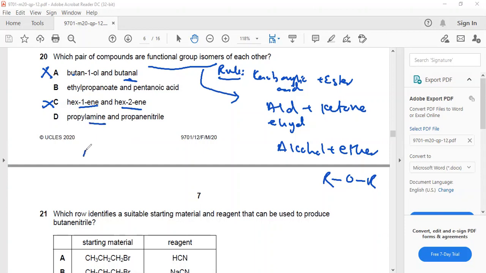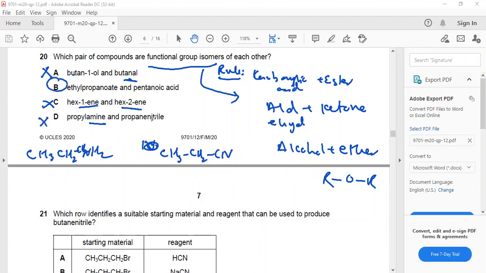Propyl amine is different and nitrile is different. This is propyl amine and propane nitrile is this one. So both are different.